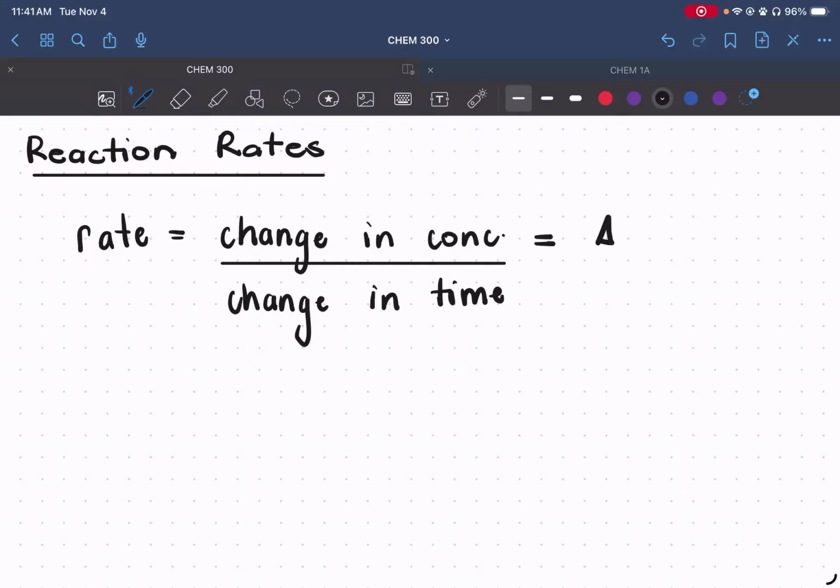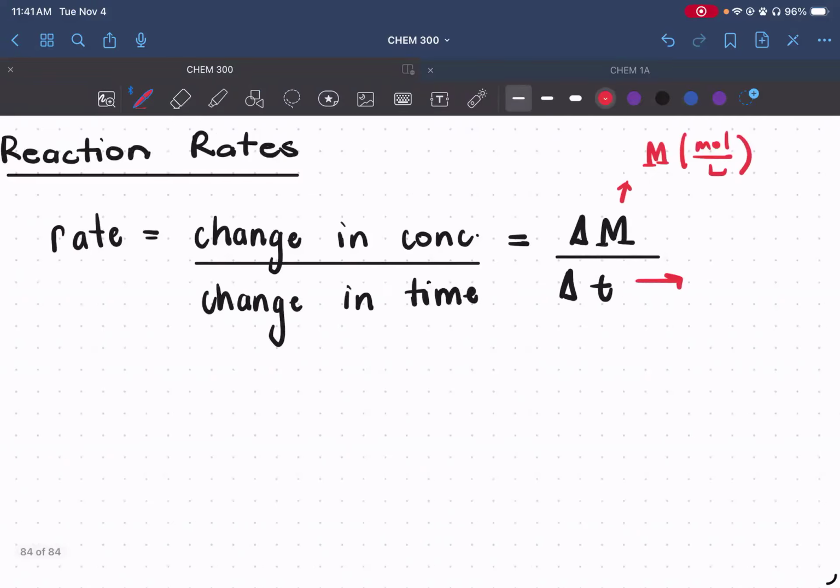In other words, we can write this as delta molarity all over delta T. We, of course, know that the unit for molarity is just that capital M, aka moles over liters.